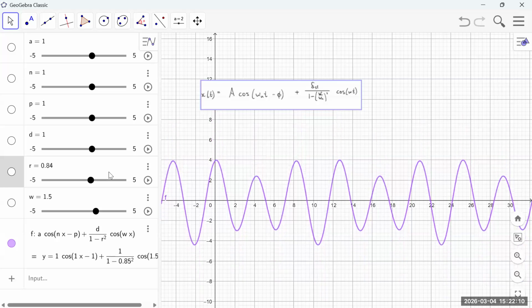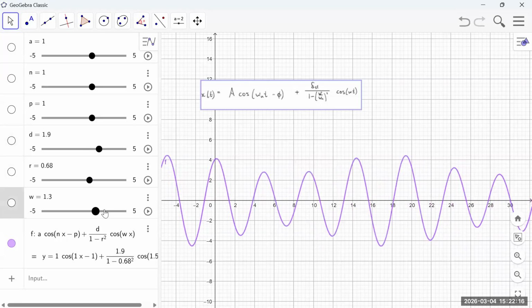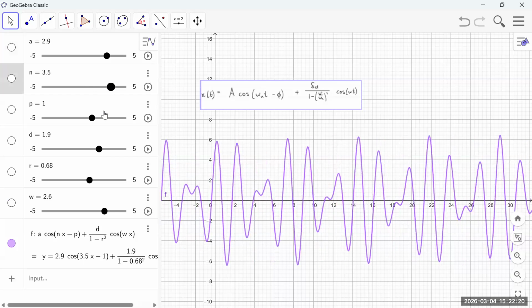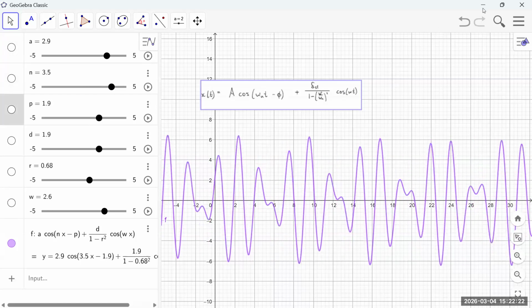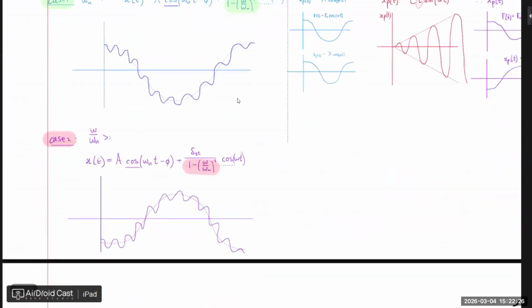But from there on, smaller than 1, it's still fine. And then I can change the other stuff to get it into that other form. Okay, you get the idea. That is where those graphs come from, basically.